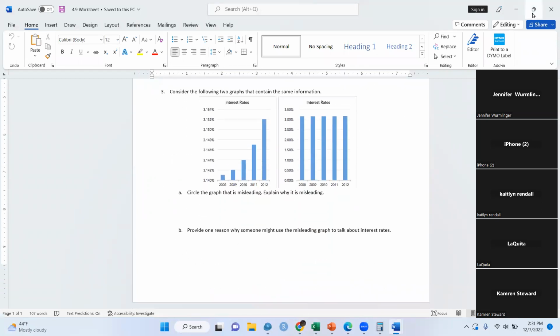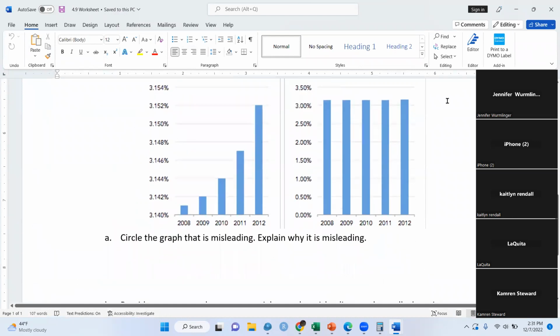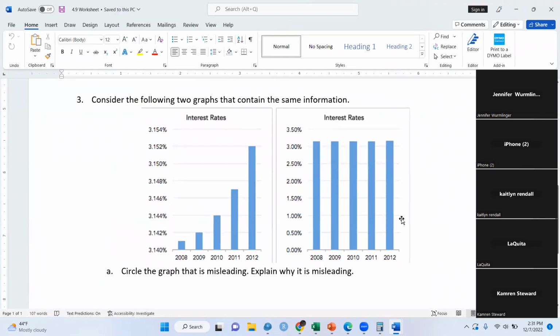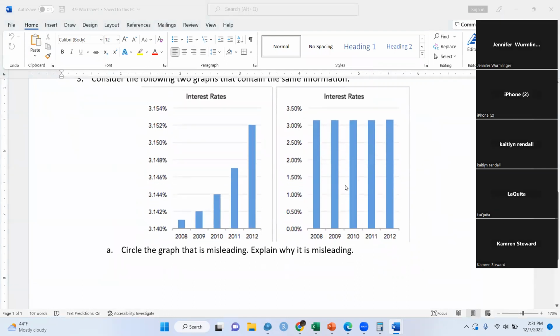So let's start with question 3. Let me give you a second to find it and get it open. And then I've got these little graphs compared. Let me know when you got it and are ready to go.